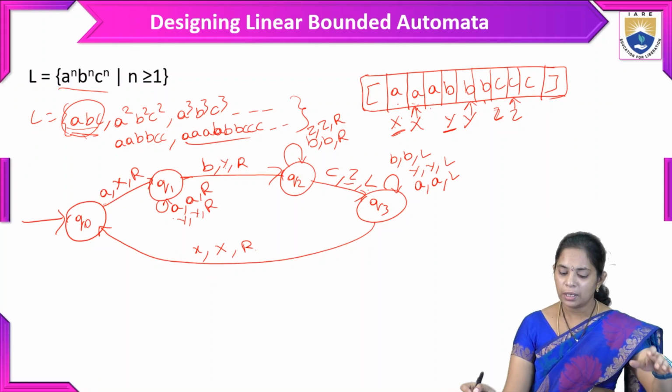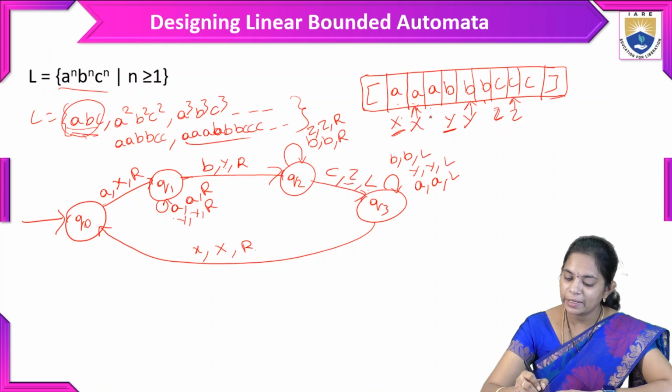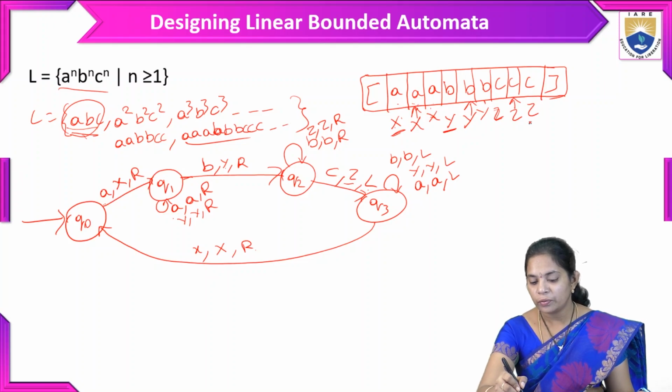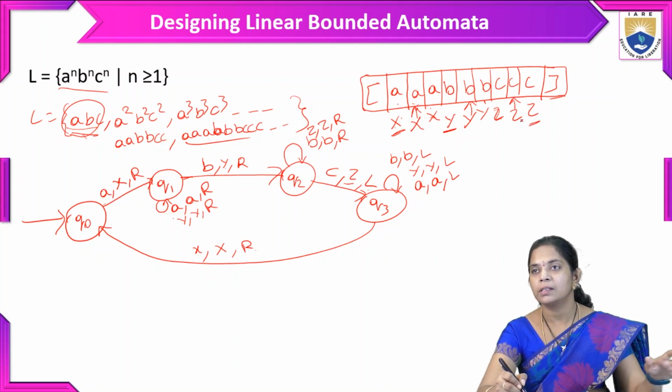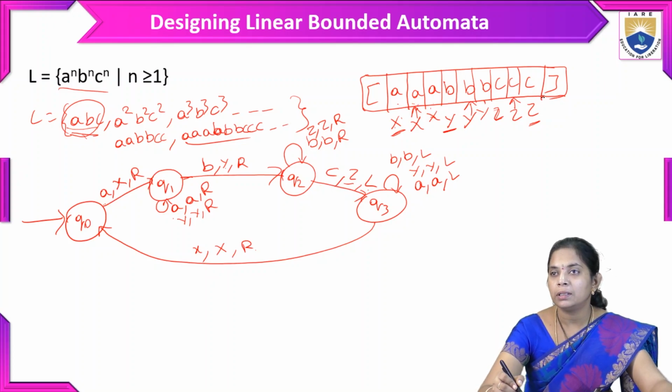So here, after completing this one, finally we are done with all the values like this. So x is going to be replaced, and y is going to be replaced, and z is going to be replaced. So after C, we have changed the values of all the input symbols.